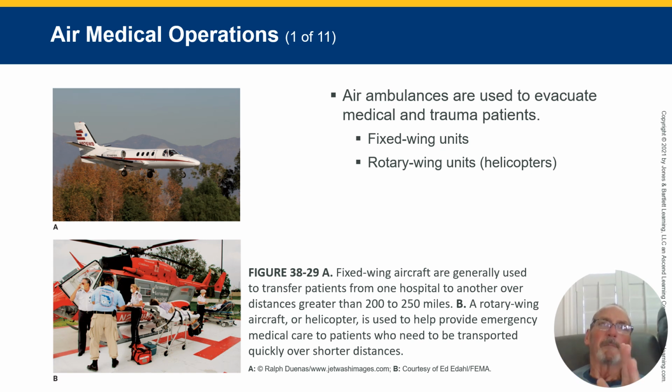Under the 250-mile range, they use helicopter. There are occasions that they have helicopters that go a little bit further. When they're coming to you, they will drop the crew off and then go and refuel while the crew's getting the patient prepared, and then they'll come back and pick up their crew and go to the hospital, because they burn up all their fuel coming out.